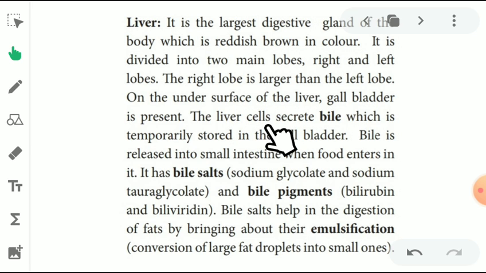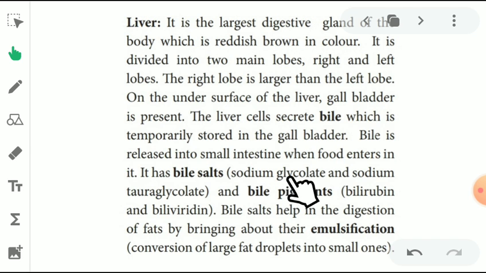The liver cells secrete bile, which is temporarily stored in the gallbladder. Bile is released into the small intestine when food enters it. Till then the bile juice is stored in the gallbladder.